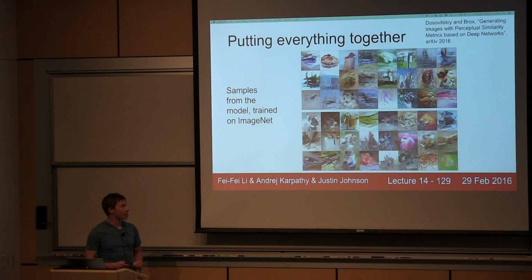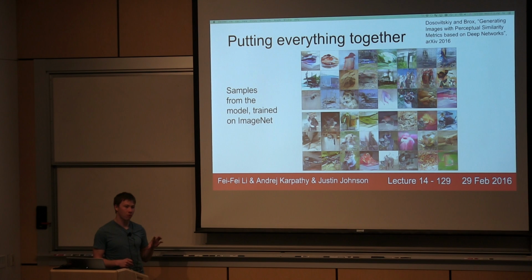So here are the examples from the paper. They just train the entire thing on ImageNet. So I think these are actually quite nice samples. And if you contrast this with the multi-scale samples on CIFAR that we saw before, remember, they were training a separate model per class in CIFAR.